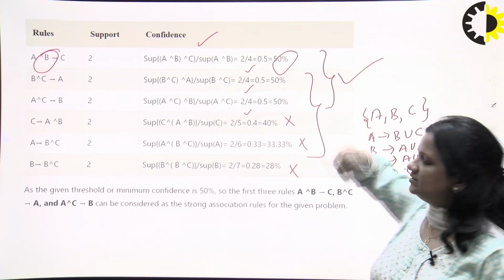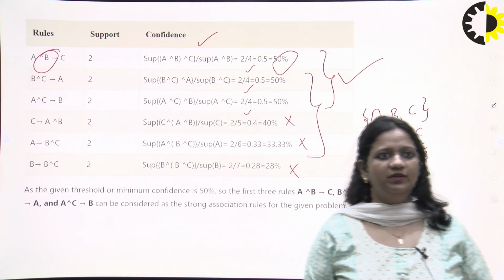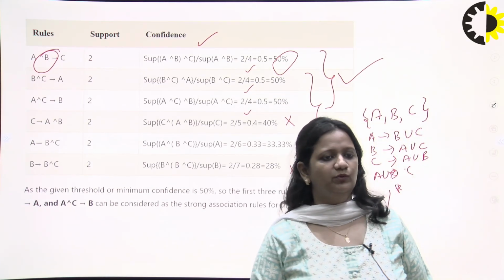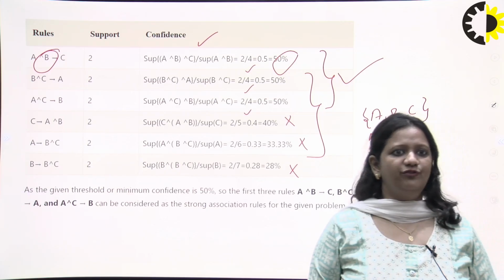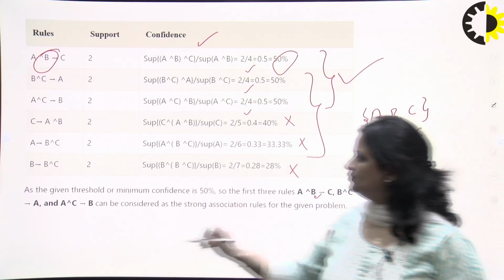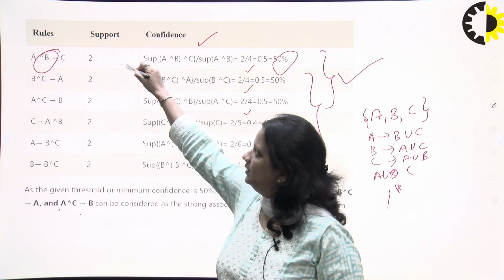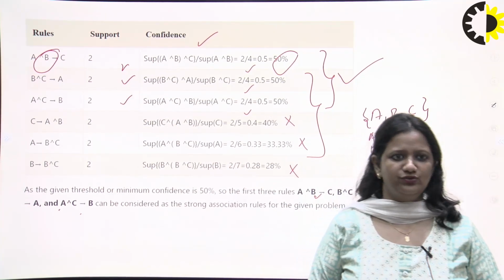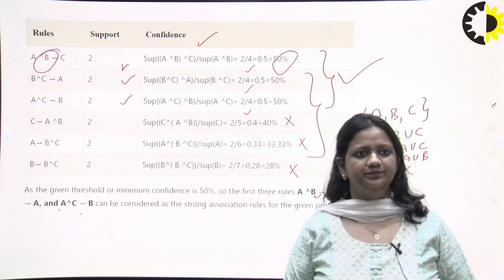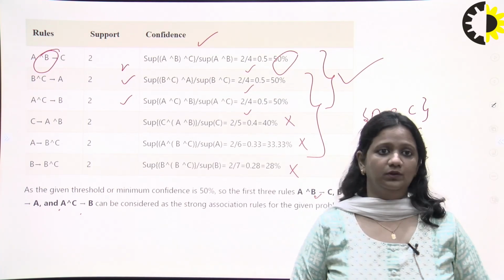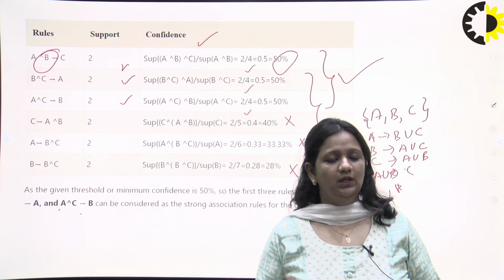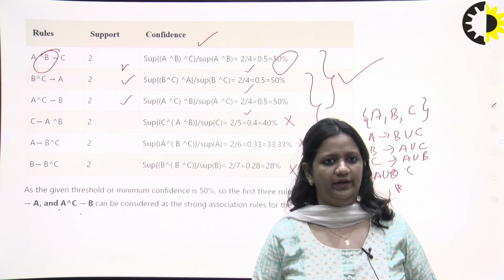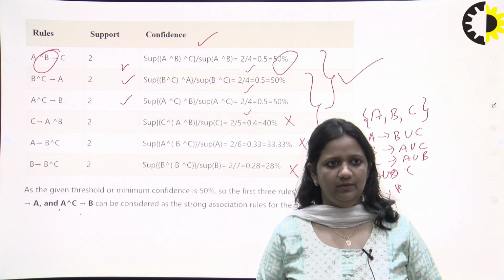Only these three satisfy the minimum threshold value of 50%. So as the given threshold of minimum confidence is 50%, these can be considered strong association rules for the given problem. So this is our overall Apriori algorithm, which we use to find the frequent item sets in data mining.